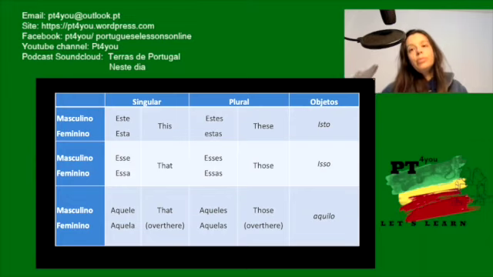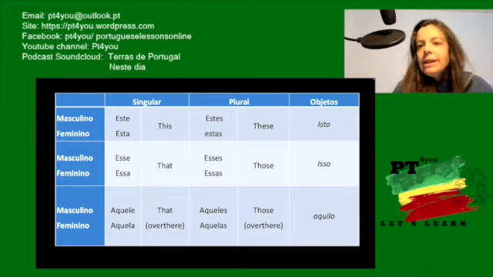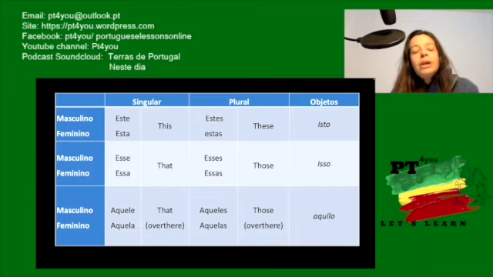So first, in Portuguese, we have these three levels. After understanding this, I think you're already familiar with the idea that it needs to change according to what you are referring to, if it's masculine, feminine, singular, or plural. That's why you have these forms here: este, esta, estes, estas, esse, essa, esses, essas, aquele, aquela, aqueles, aquelas.